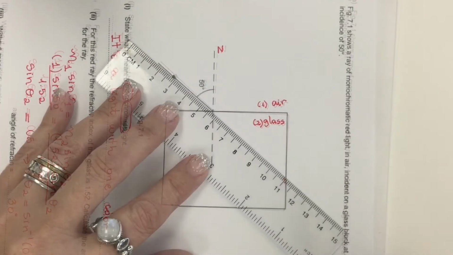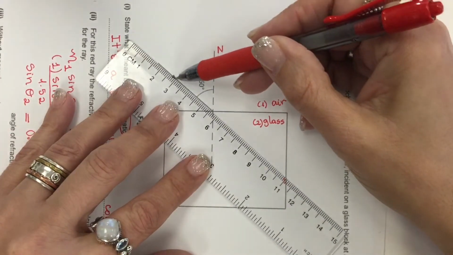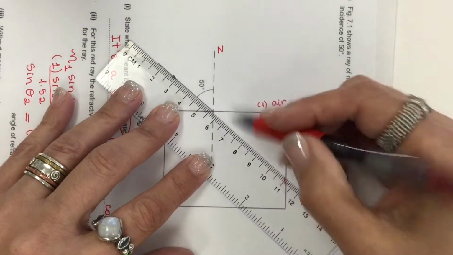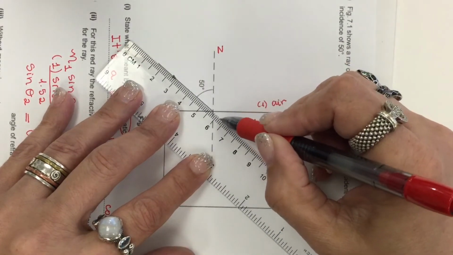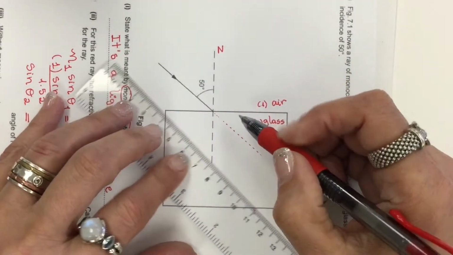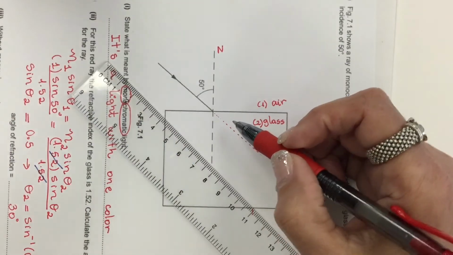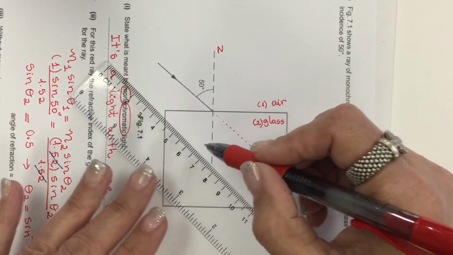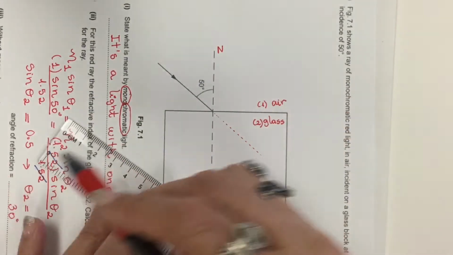And we need to go back to the picture. So this would be a straight path if the glass block was not here. I know this is not a possible path, but I can use it as a reference to draw an angle that will be toward the normal, which is 30 degrees.